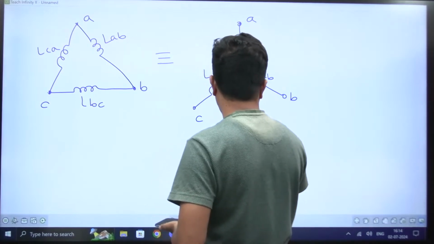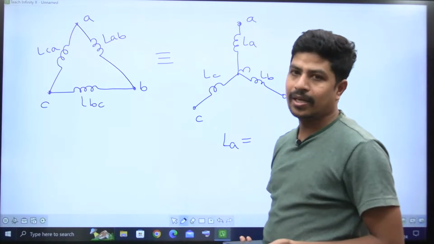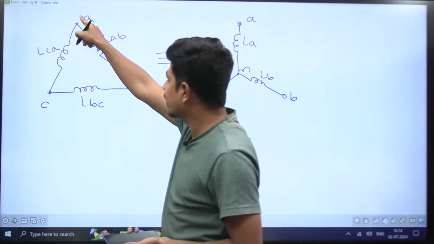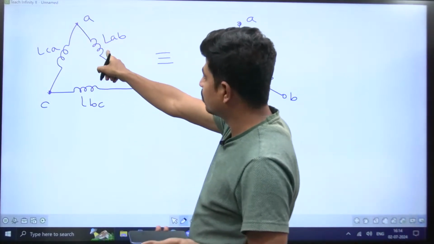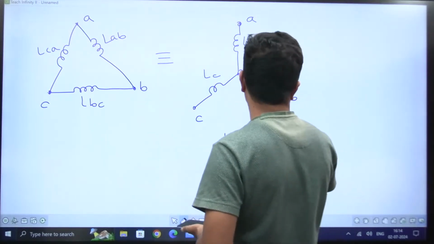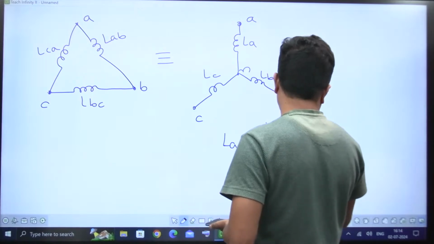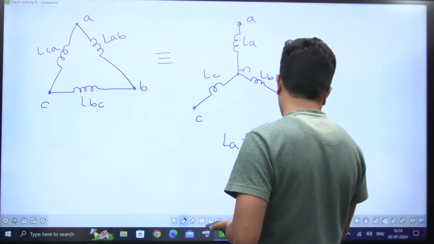LA is equal to the product of the connected branches, LAB and LCA, by LAB plus LBC plus LCA.